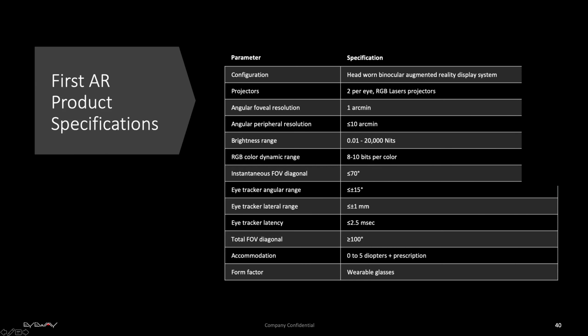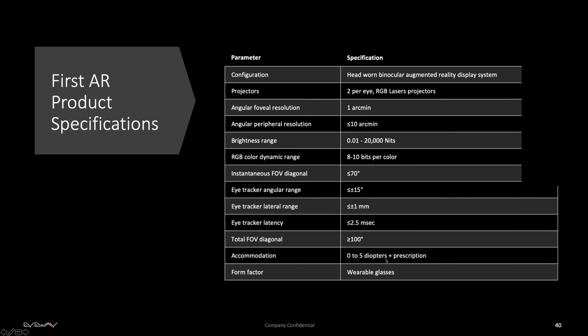We can obviously trade off between the 15 degrees eye tracking and the 1 millimeter. We can do, let's say, 7 degrees eye tracking, and then say plus or minus 5 millimeters or something like this.